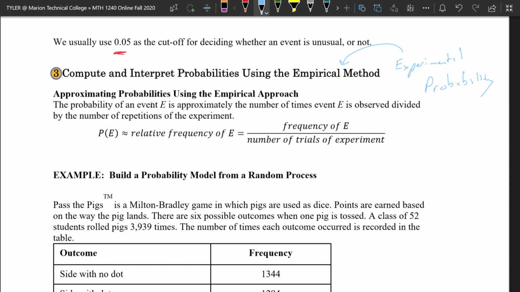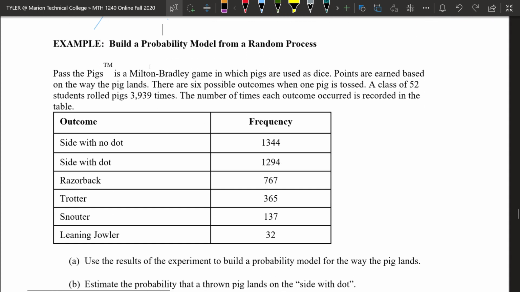The probability of E is approximately equal to the relative frequency of E, where we take the frequency of E occurring divided by the total number of trials of the experiment. That's what we were doing in all the simulations, with the rolling of the die and the tossing of the coin. Both of those, we were calculating relative frequencies, so it's using the empirical method.